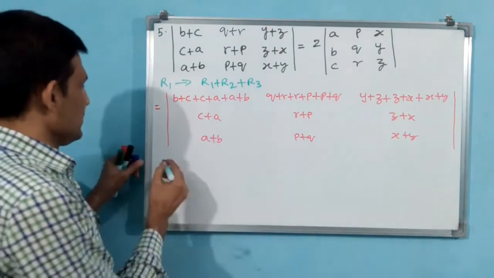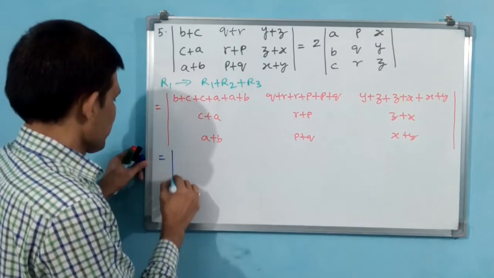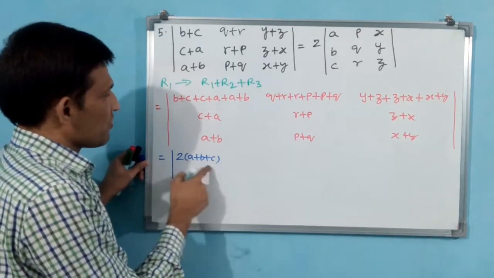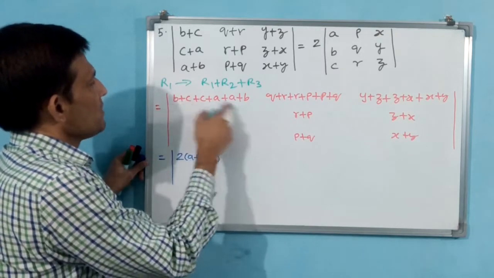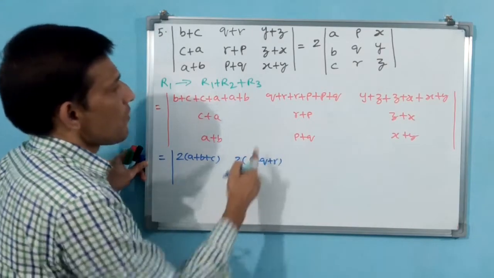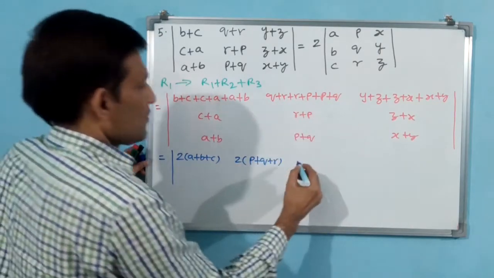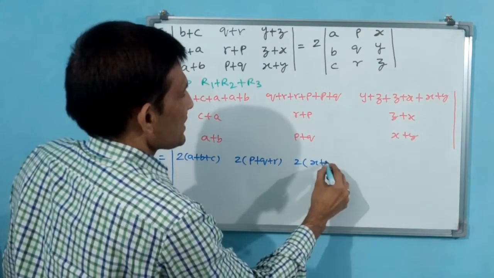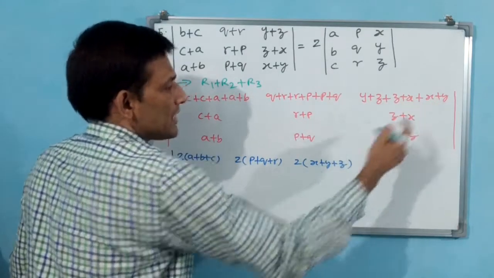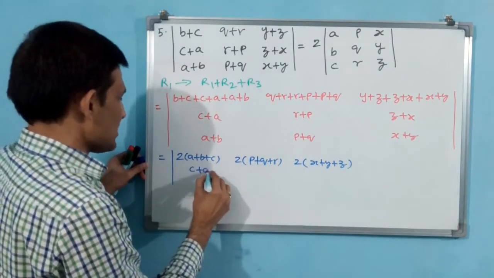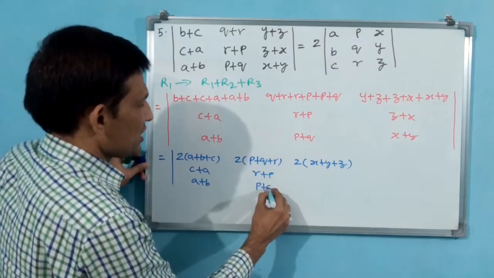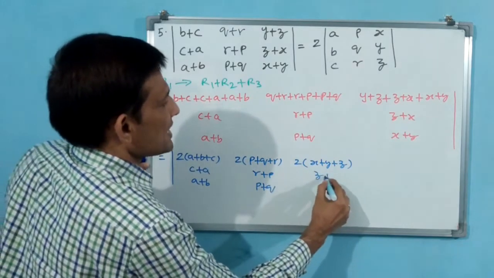That is equal to 2 times of A plus B plus C, that is 2A plus 2B plus 2C, and again 2 times of P plus Q plus R, 2P, 2Q, 2R, and 2 times of X plus Y plus Z, 2X, 2Y, 2Z. The remaining rows are not changed.